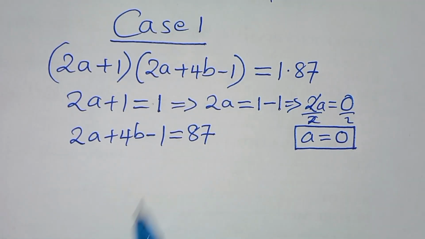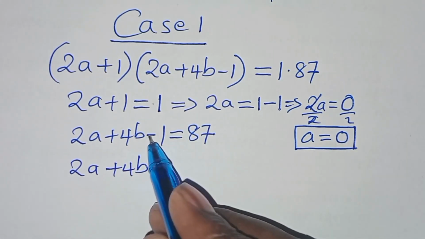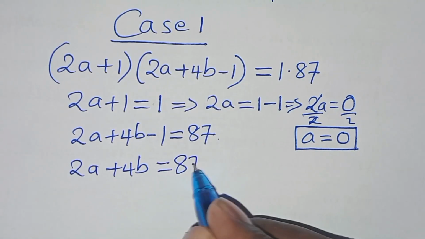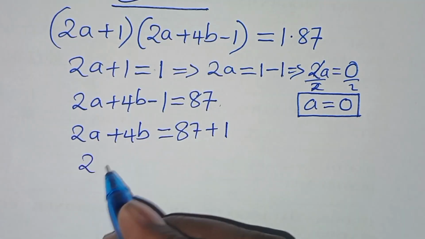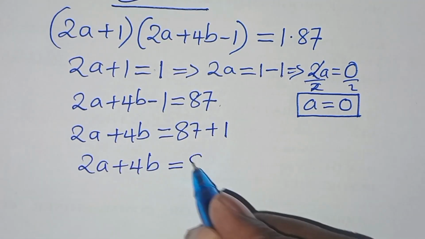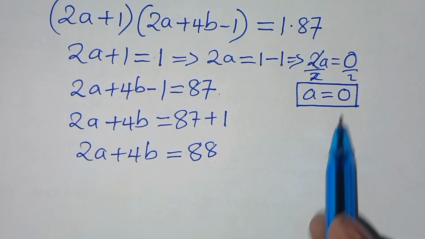So let's proceed here. We have 2a plus 4b minus 1. Let's take minus 1 on the right hand side. So this will be 87 plus 1, so that here we have 2a plus 4b is equal to 88. But a is equal to 0.